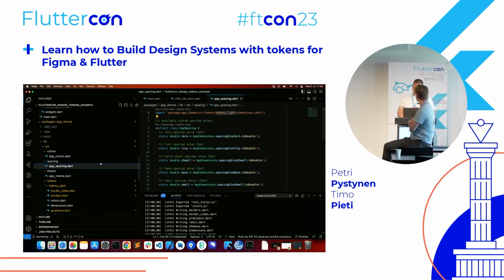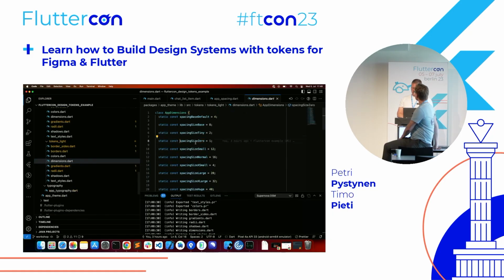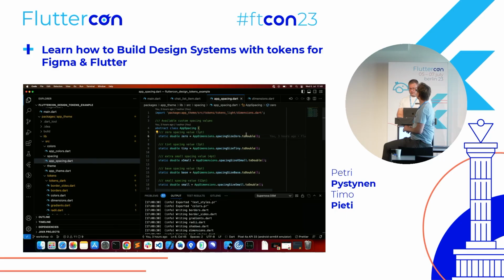Here I'm not using the extension. This is quite a nice example, because this is generic code with no typings, and this is something you can maybe do with the style dictionary, so that it uses a double here and you don't have to do anything with it. But because it's an int at the moment, I have to make it a double so I can use it as a good spacing value.